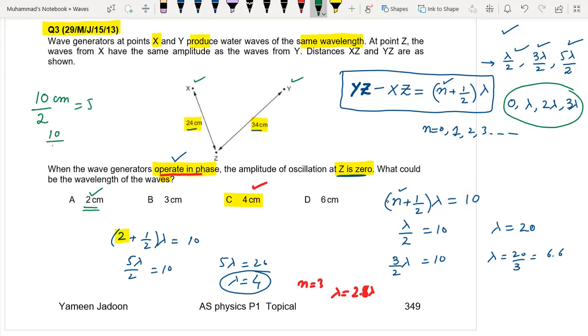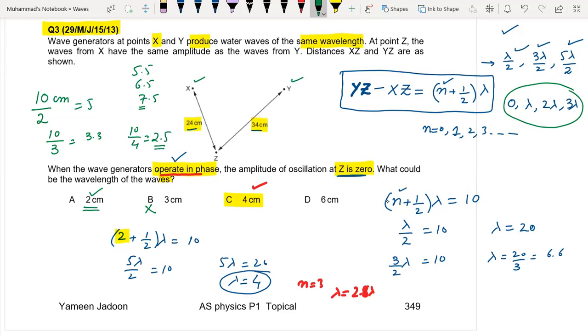If I divide 10 by 3, I will get 3.33. If I am getting, for example, 5.5, 6.5, 7.5, meaning complete wavelengths plus 0.5, then that will be our answer. So if I divide 10 by 4, I will get 2.5.